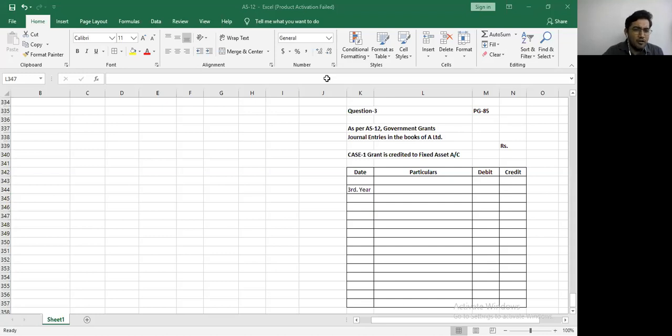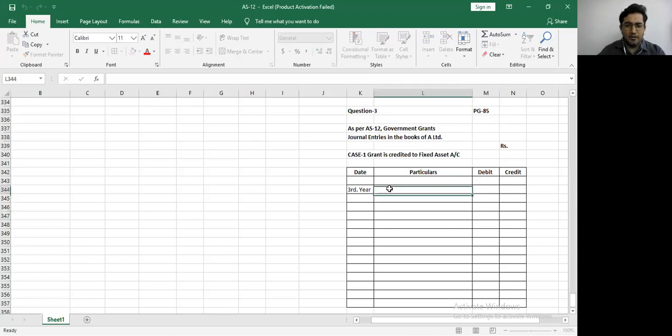Increase the value of fixed asset, and debit fixed asset. Okay. So let's put over here. You have fixed asset account debit to bank account.